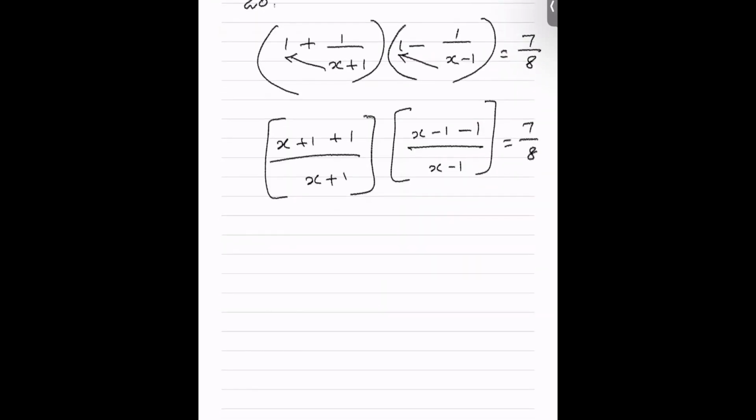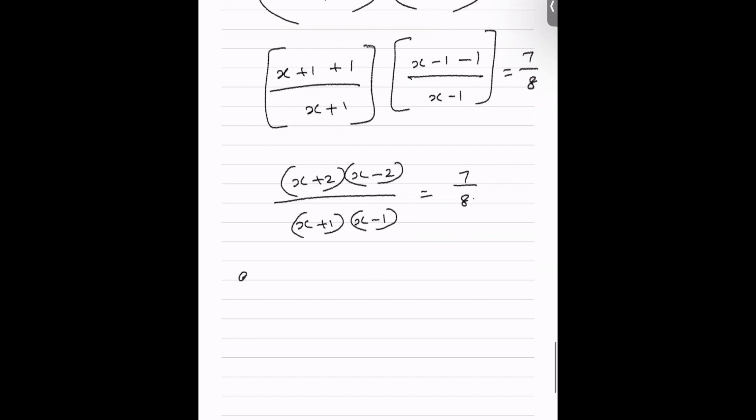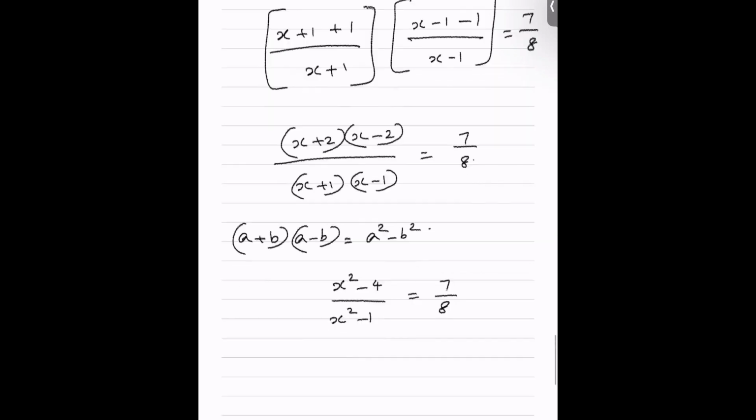What is that? x plus 2 into x minus 2 divided by x plus 1 into x minus 1 equal to 7 by 8. Both numerator and denominator are in the a plus b into a minus b format, which is a squared minus b squared. So what are you getting? x squared minus 4 divided by x squared minus 1 equal to 7 by 8.